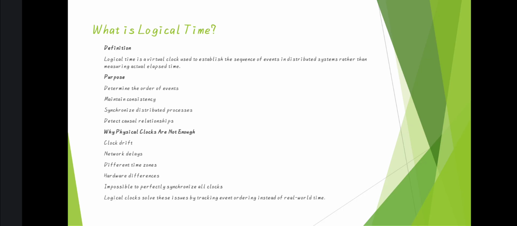What is a logical clock? A logical clock is a virtual clock used to establish the sequence of events in distributed systems rather than measuring actual elapsed time. Logical time means determining which event executes first.